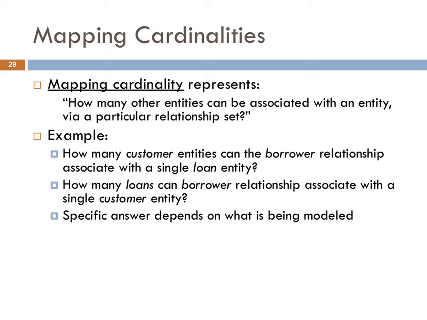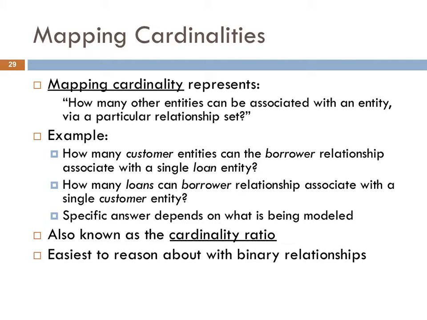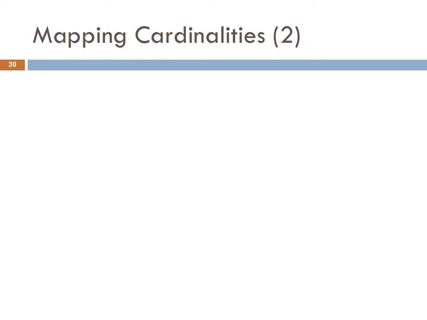Can you have a customer with multiple loans? So these are the kinds of questions you ask, and you go talk to the domain expert, and the domain expert says, yes, we would love it for multiple people to have joint loans, and we would love it for one person to have multiple loans. So you get those kinds of questions answered, and then you can figure out the mapping cardinality to enforce in the schema. It's also called the cardinality ratio.